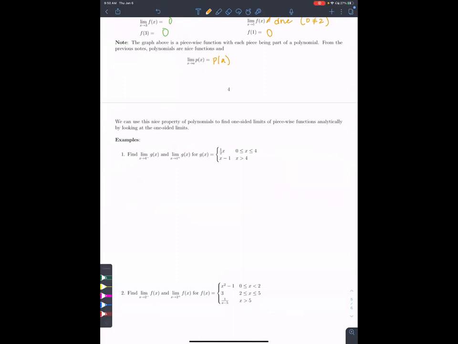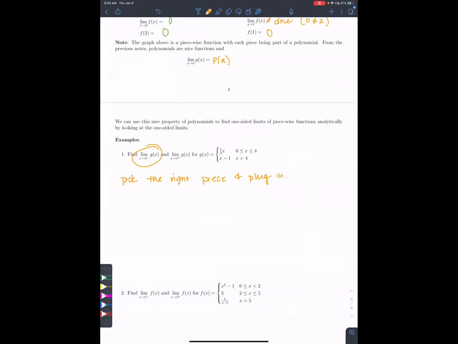So if we're trying to figure out the limit as x goes to 4 from the left, we would pick the piece, right? Pick the right piece and plug in.